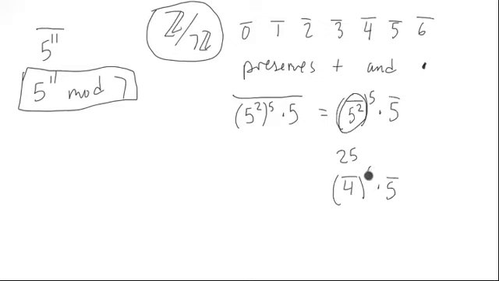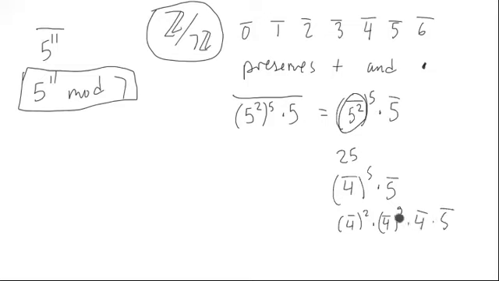Then if we want, we could move this 5 in, or we could think of this as 4 bar squared times 4 bar squared times 4 bar times 5 bar.